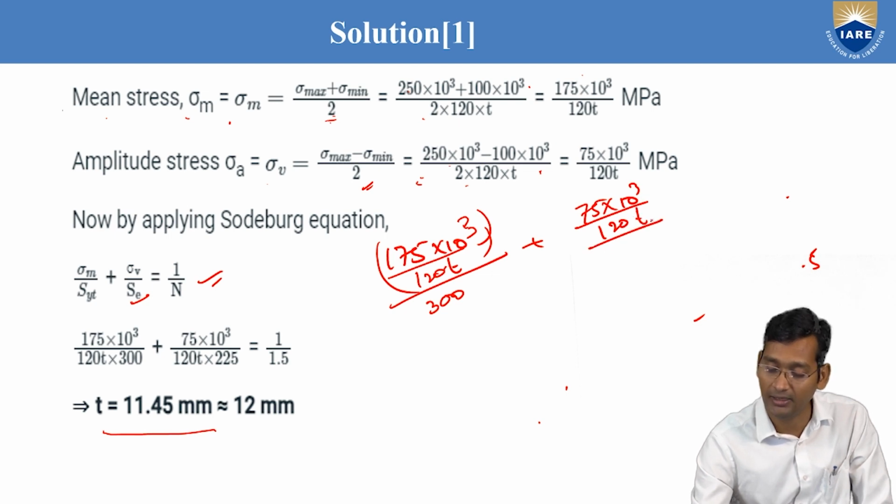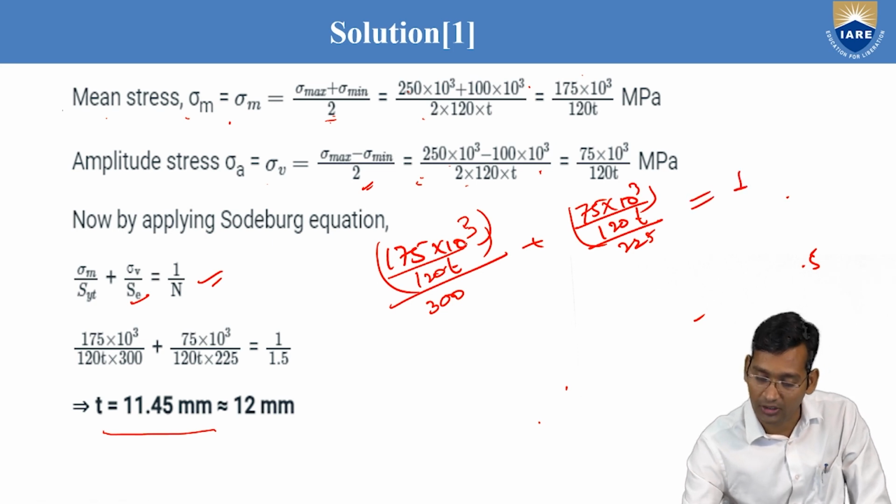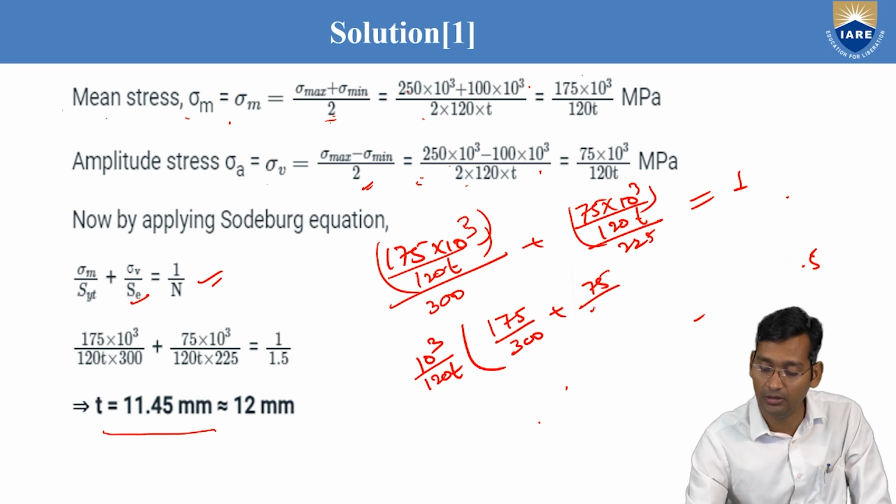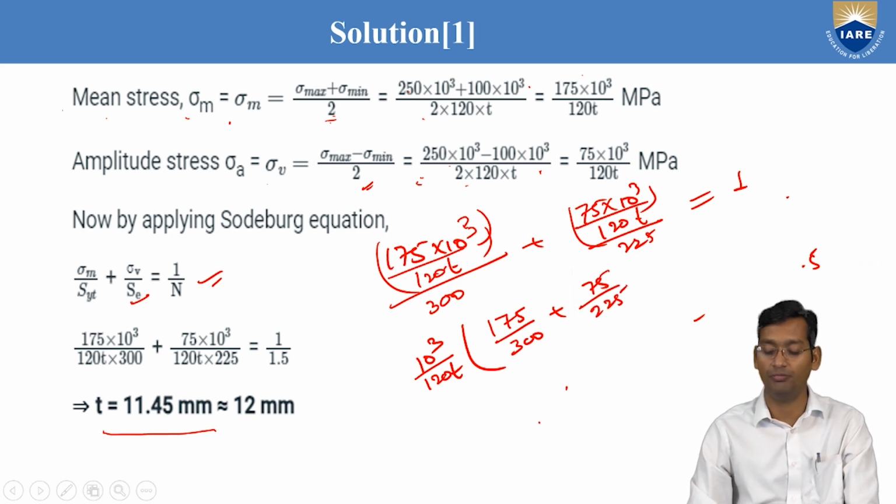So now let's see here, I am taking 10 to the power 3 by 120 T common from these two. Now what is here? 175 by 300 plus 75 by 225.